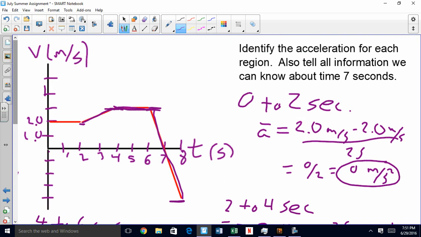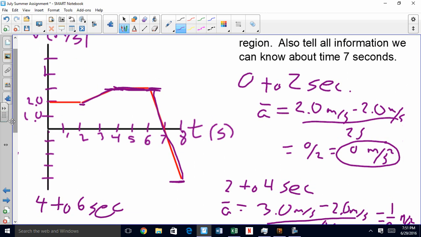And they ask us, what do we know? Tell all information that we know at time 7 seconds. Well, if we look at the area under this part, that's 2 meters per second times 2 seconds, so that would be 4 meters that they went.